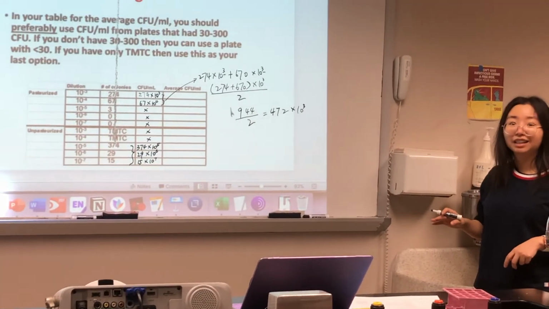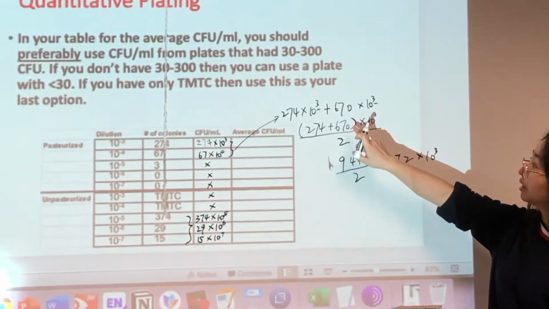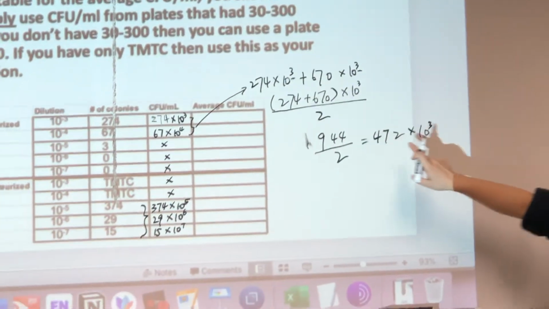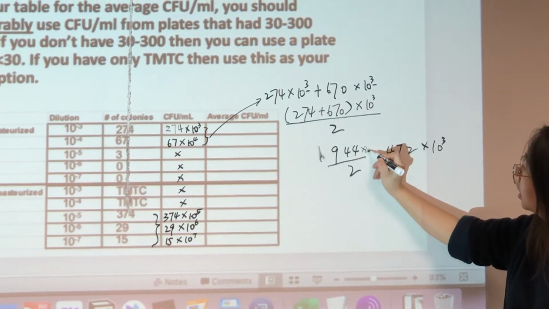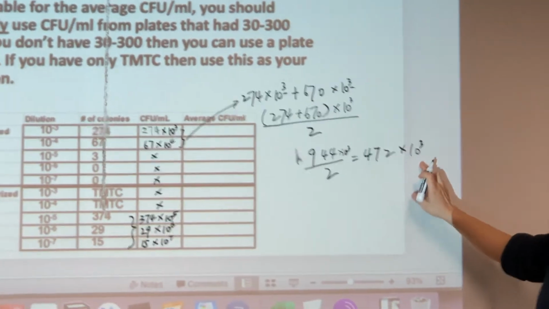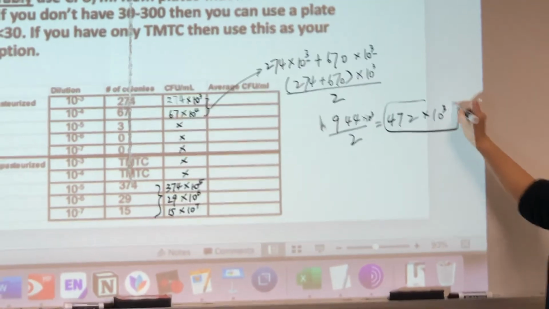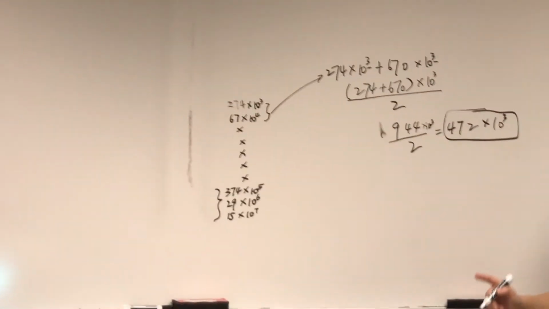Please help me see whether I did the calculation correctly. These two numbers add together and then multiply by 10 to the 3 and then divide by the 2 plates I used, and this would be the final number, the average per ml for my pasteurized raw milk.